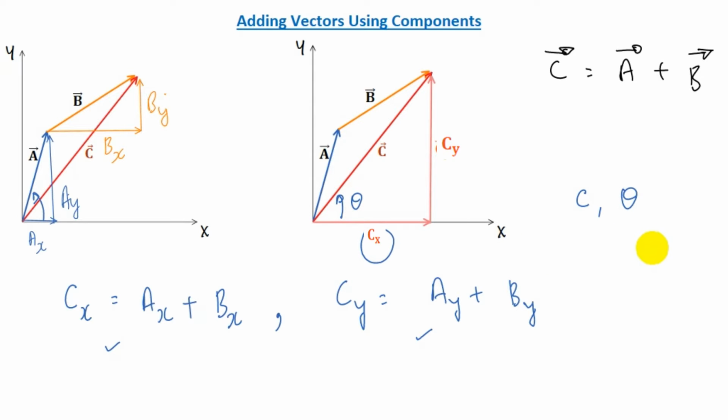Now let's take some values to get a better understanding. For vector A, the magnitude is 5 meter and its direction theta is 60 degrees.